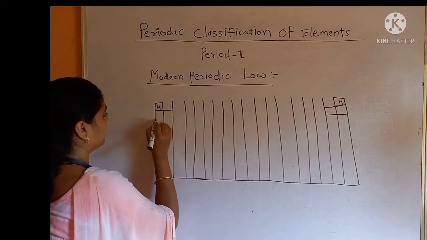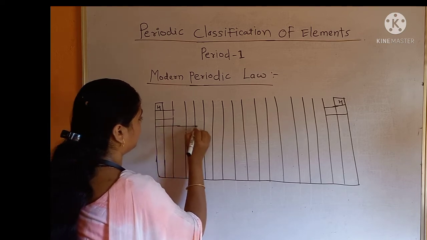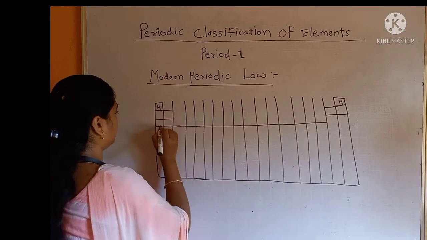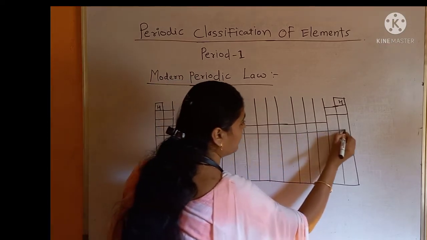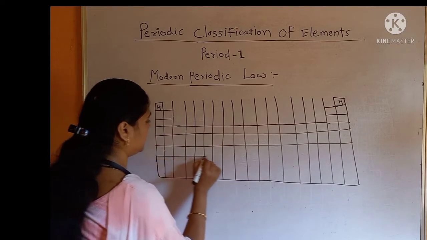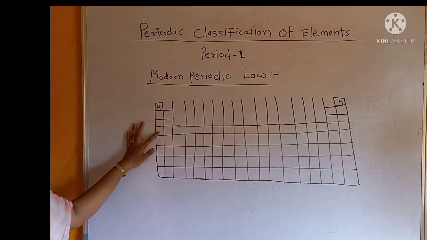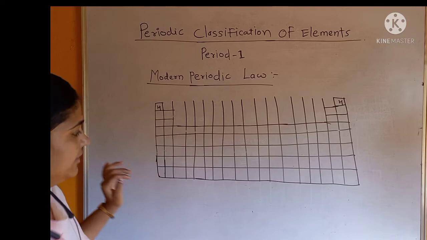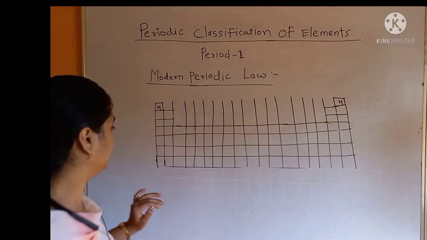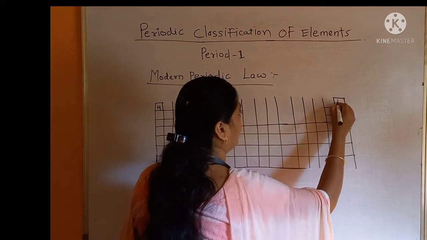Then 1, 2, 3, 4, 5, 6, and 7 periods are there. 1, 2, 3, 4, 5, 6, 7.